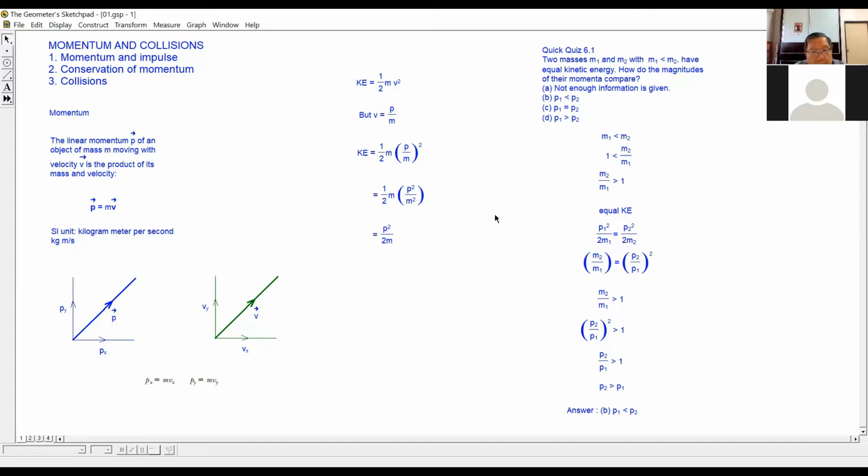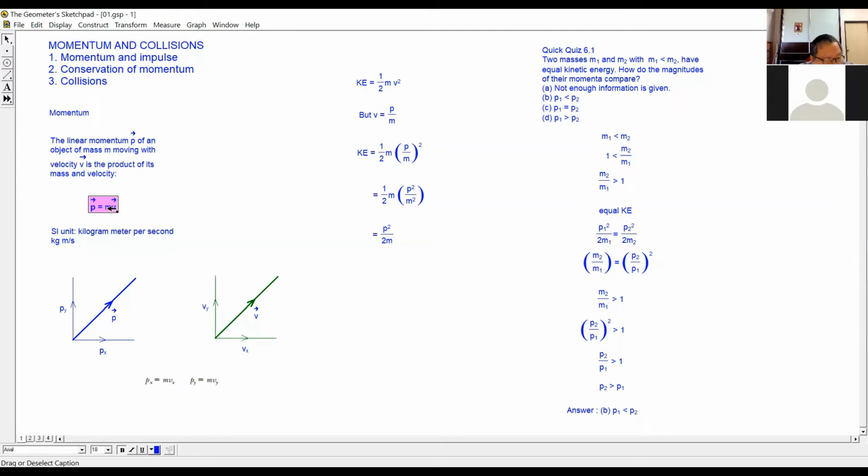Now next we are going to derive a relationship between the kinetic energy and the momentum. Okay, right. The first one, kinetic energy we know is given by the formula half mv squared. But from this equation here, we know that v is p over m.